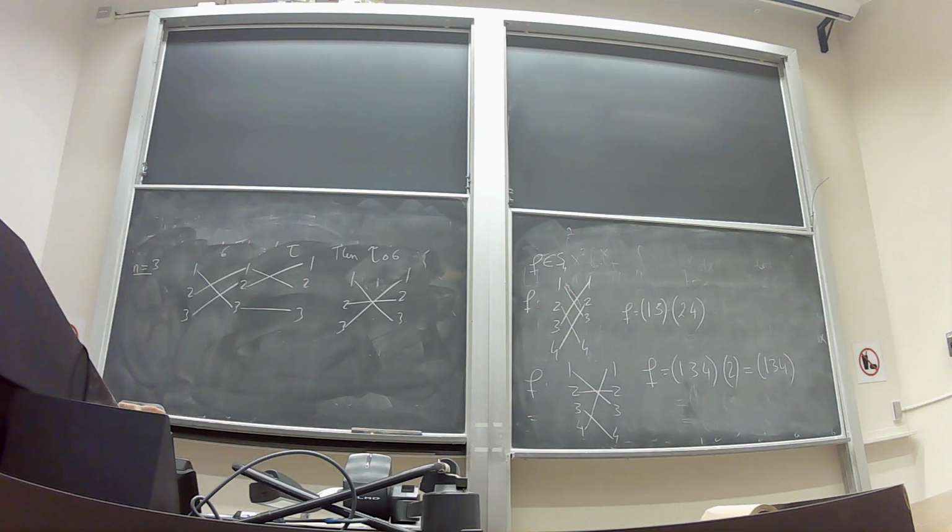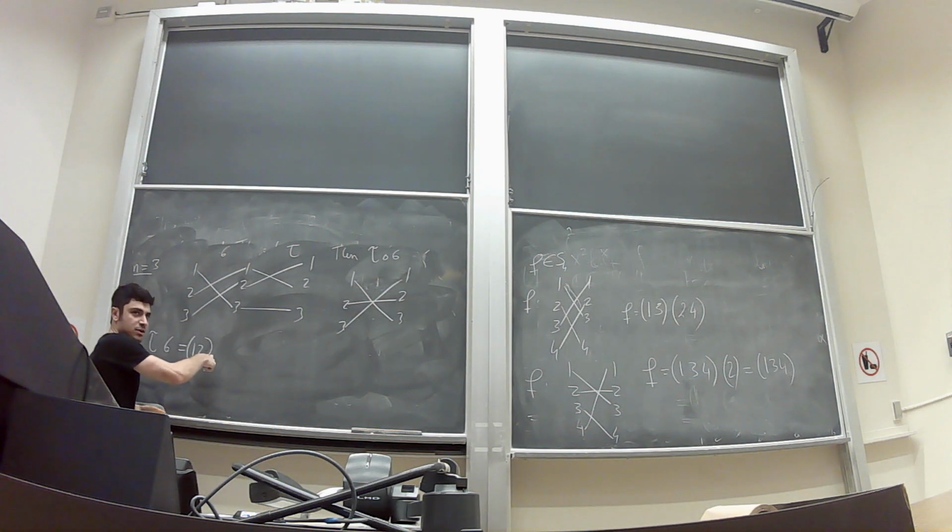Now it's also a bit annoying to write this every time. Now let's use this notation. How do I write tau sigma in this notation? So first, tau is 1 to 2, 2 to 1.